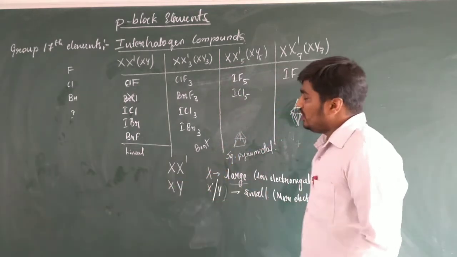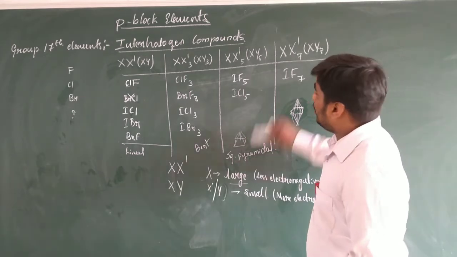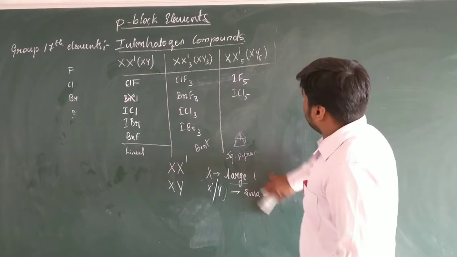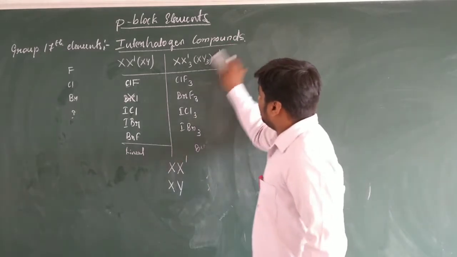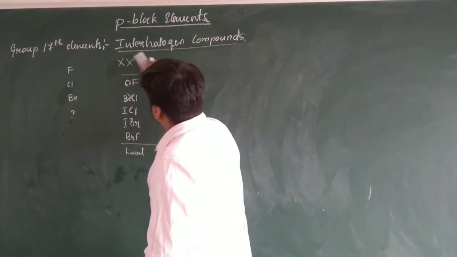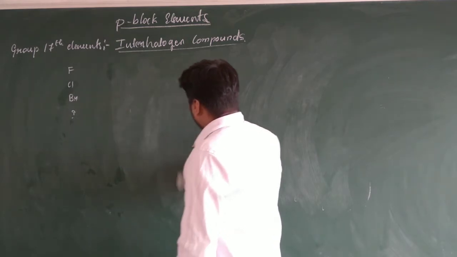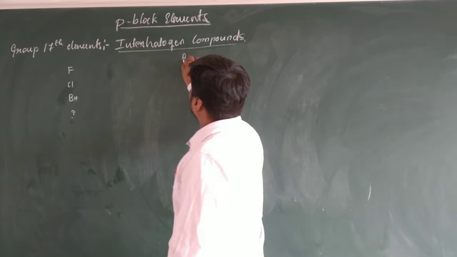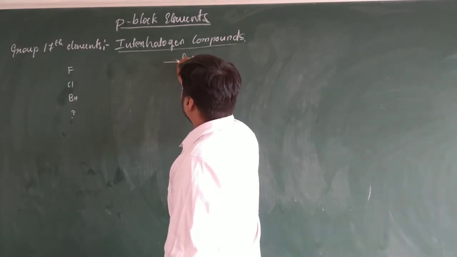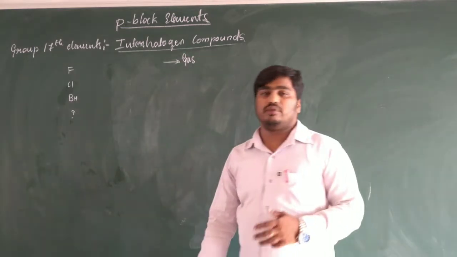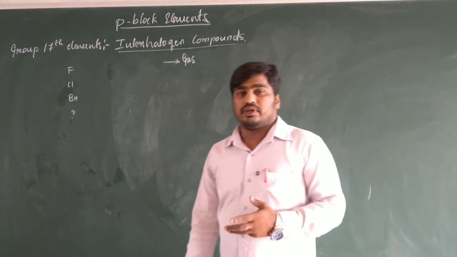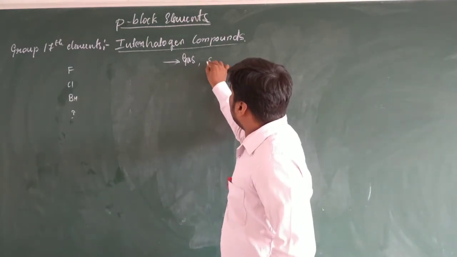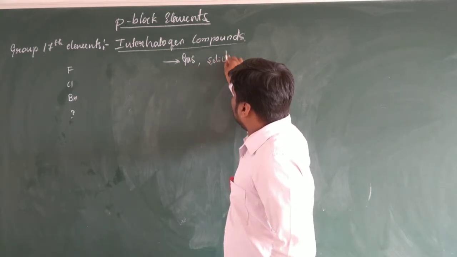Next, the very important thing under interhalogen compounds is properties. What are the important properties of these compounds? Most of the interhalogen compounds exist in the form of a gas, and a few are volatile solids.